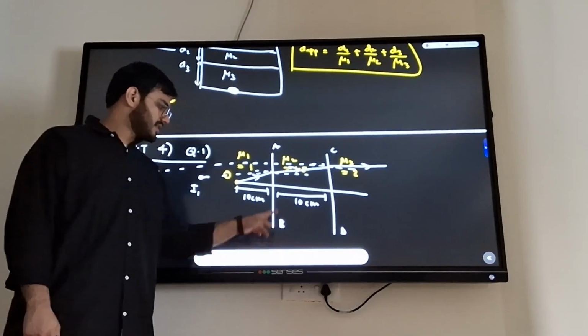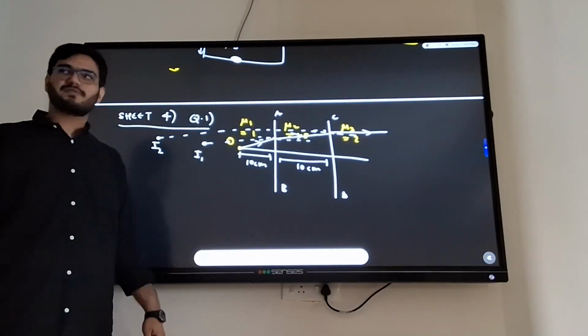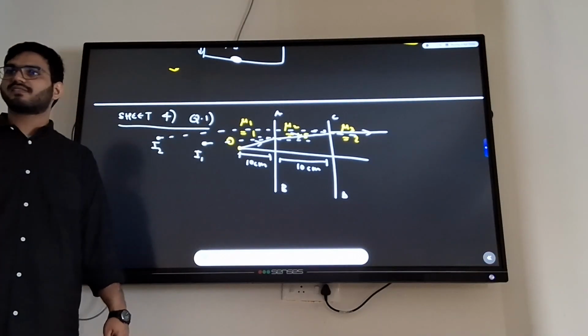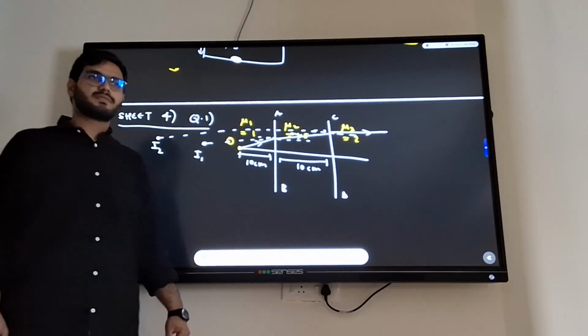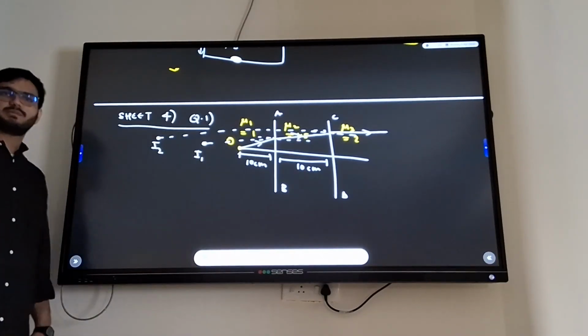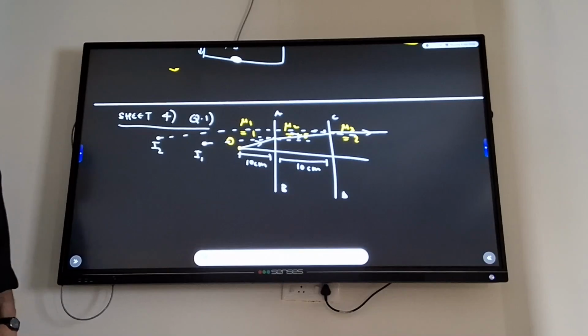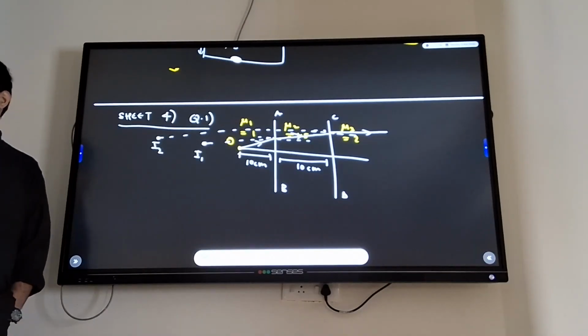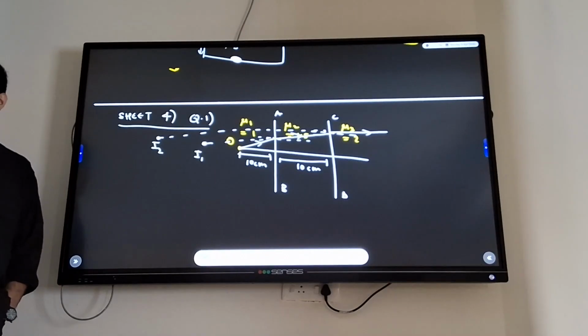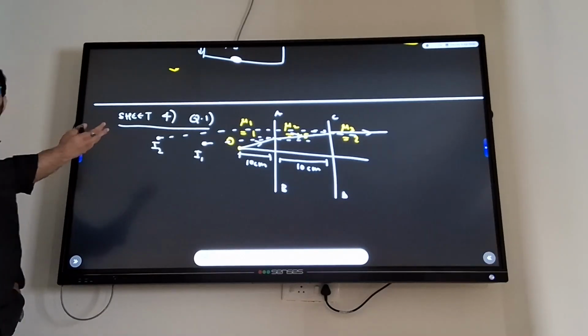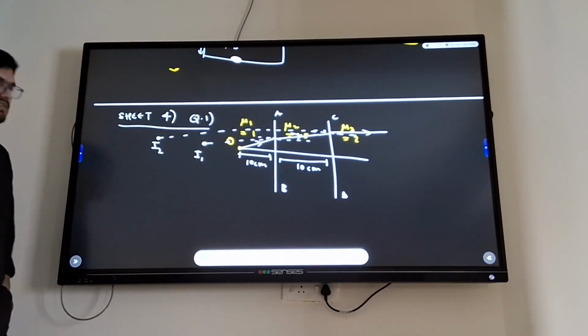Do you remember that if you have refractions, what was the formula relating image distance and object distance? What is the relation between image distance and object distance? It's something like V equal to mu2 by mu1 into U. I just discussed it 10-15 minutes back.